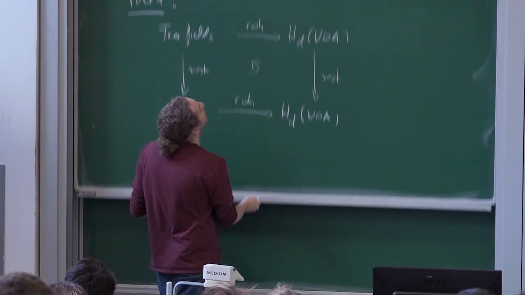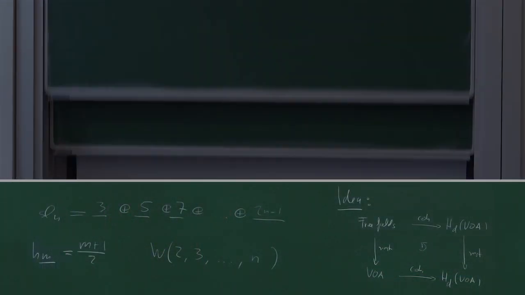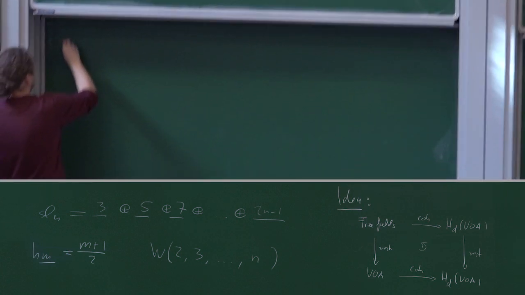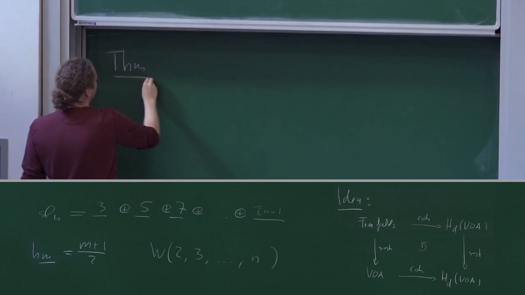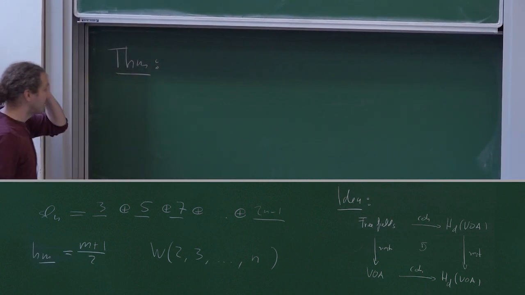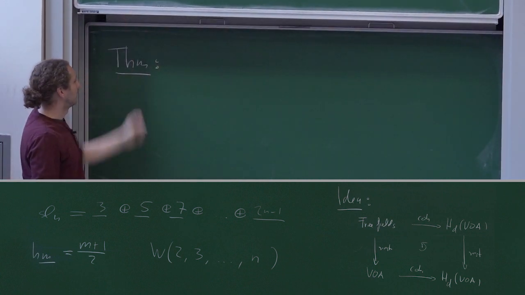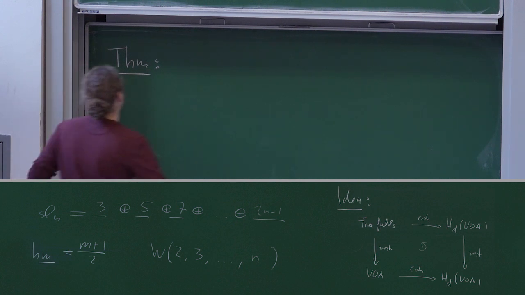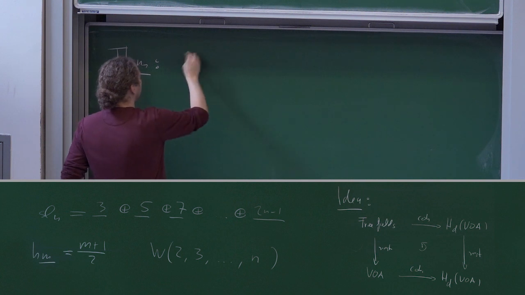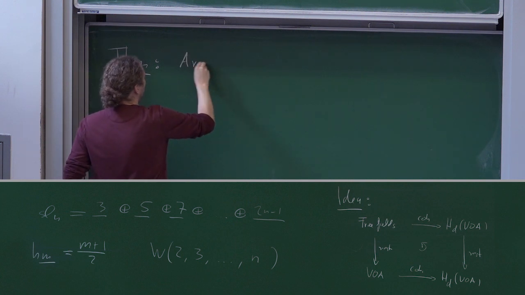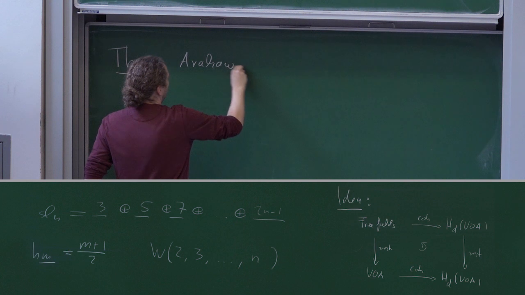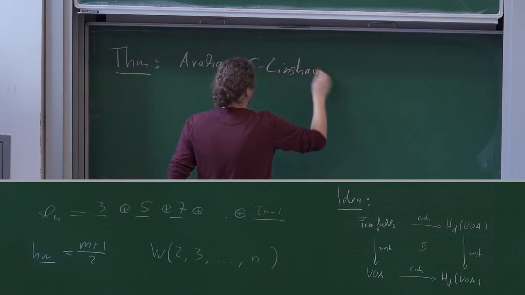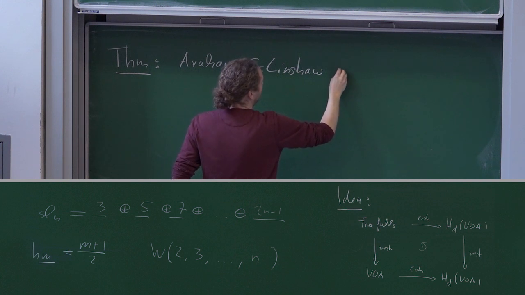And now let me first write down the theorem. This was an open conjecture since the 80s, and it has been proven by Tomoyuki Arakawa, myself, and Andrew Linshaw at the beginning of last year.